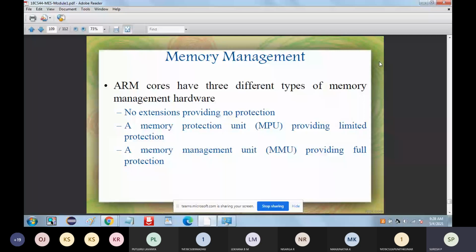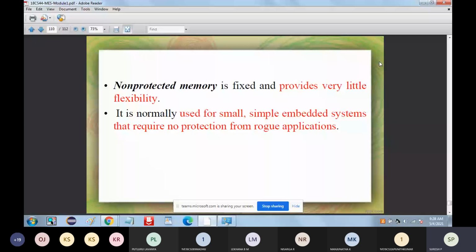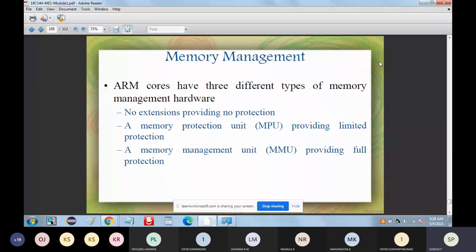Now, in the first type, the non-protected memory, it is fixed and provides very little flexibility. So where is this particular type of memory used?